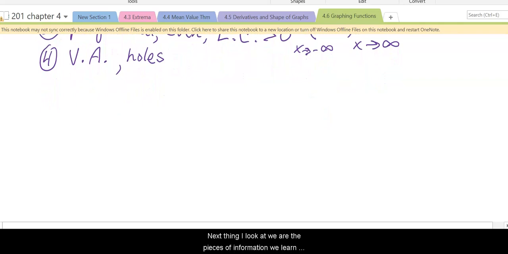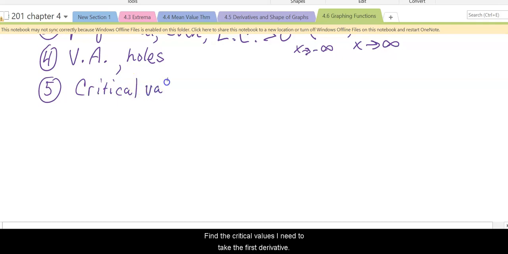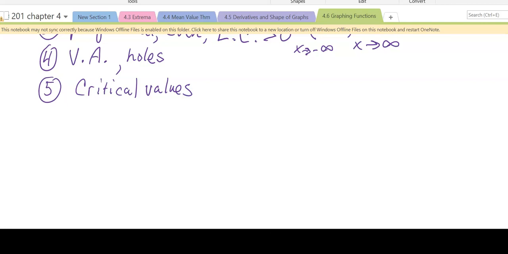The next thing I look at are the pieces of information we learned from the last section in section 4.5. Looking at step 5, I need to find the critical values. To find the critical values, I need to take the first derivative. In order to do that, let's copy our function and move it down here.